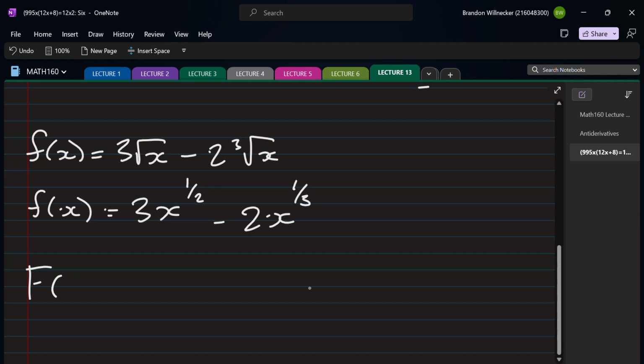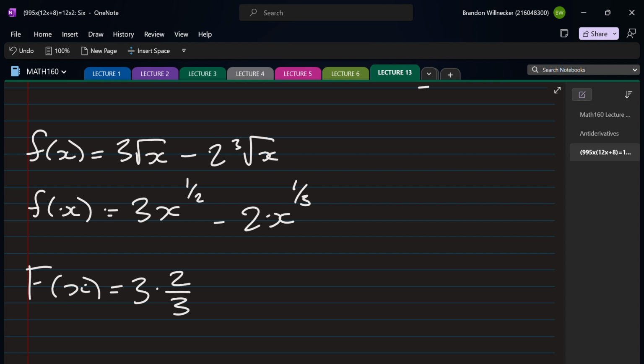Okay, so capital F is going to be 3 times, okay, we have a half, we're going to add 1. A quick way of adding 1 is to think of the 1 as 2 over 2. So it's going to be 3 over 2. We need to divide by 3 over 2, so that's the same thing as multiplying by 2 over 3.